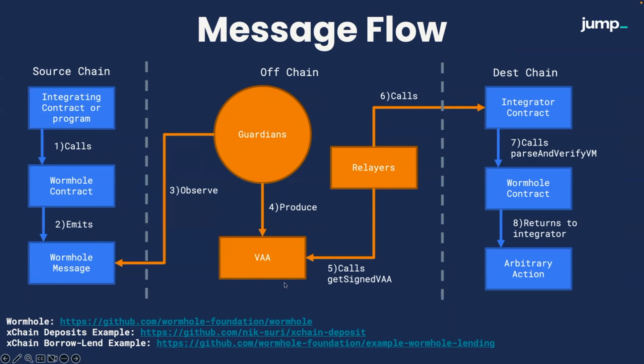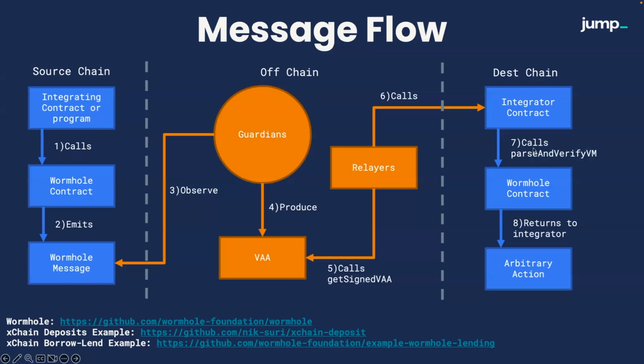And then this VAA exists in the Guardian database. And an off-chain process, an untrusted off-chain process called a relayer, which can be run by you, or by anyone, picks up that VAA and then submits it to wherever it needs to go on the destination chain, whatever contract is building on top of Wormhole.